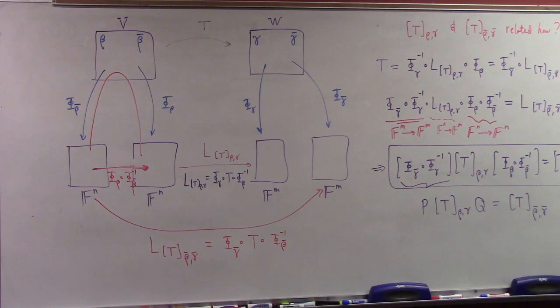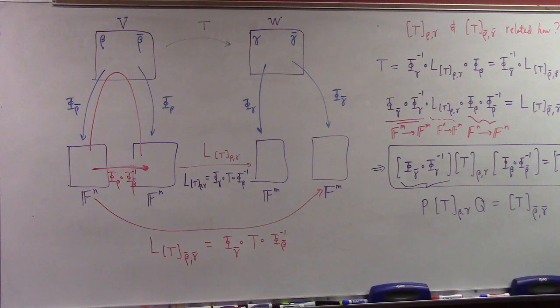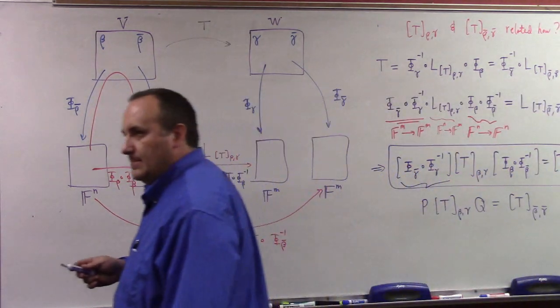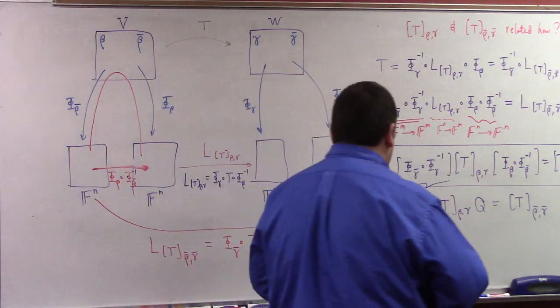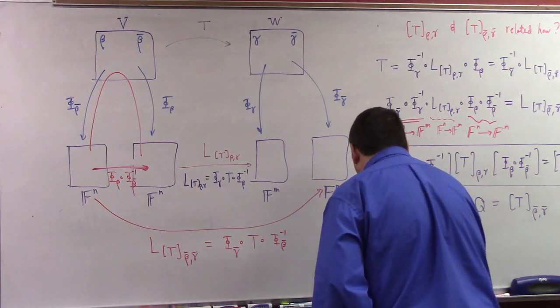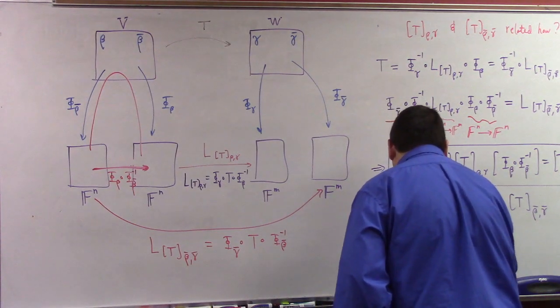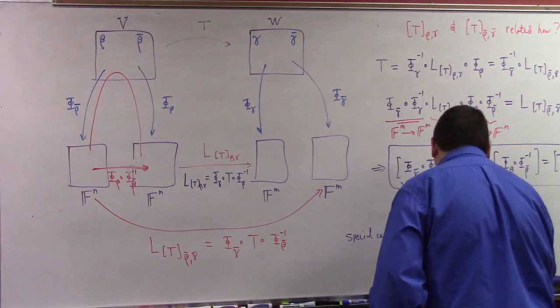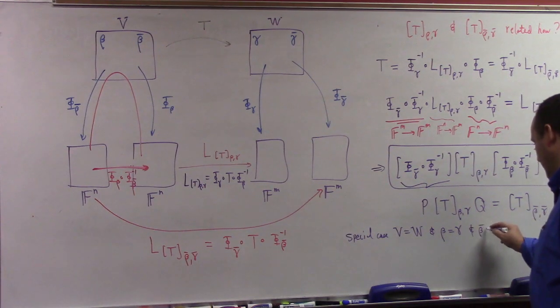So what does this mean? Like what's the relation of these two matrices? All right, so here's a special case. V equals W and beta equals gamma and beta bar equals gamma bar.